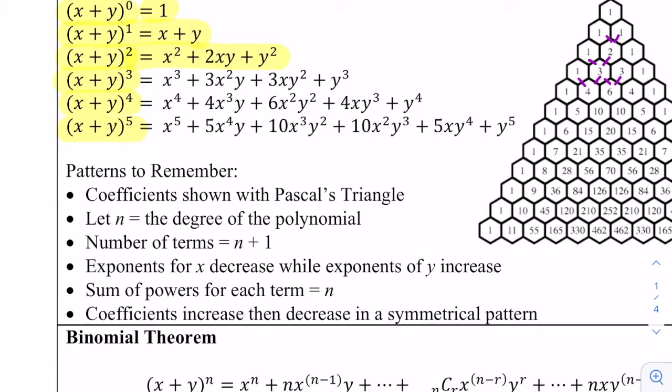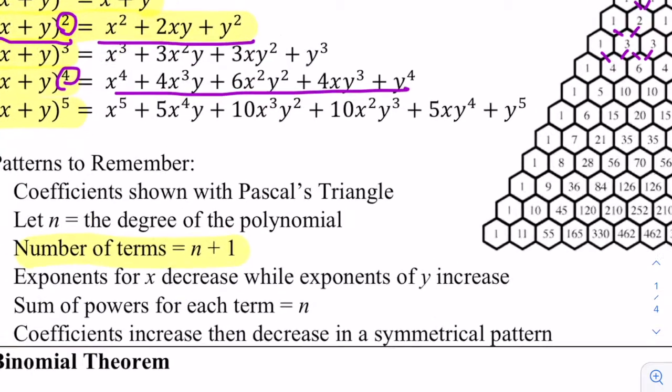So n will be the degree of the polynomial, and there will always be n plus 1 terms. What that means is when we had (x + y) squared, n was 2, and we had 3 terms. When x plus y is raised to the 4th, we're going to have 5 terms.